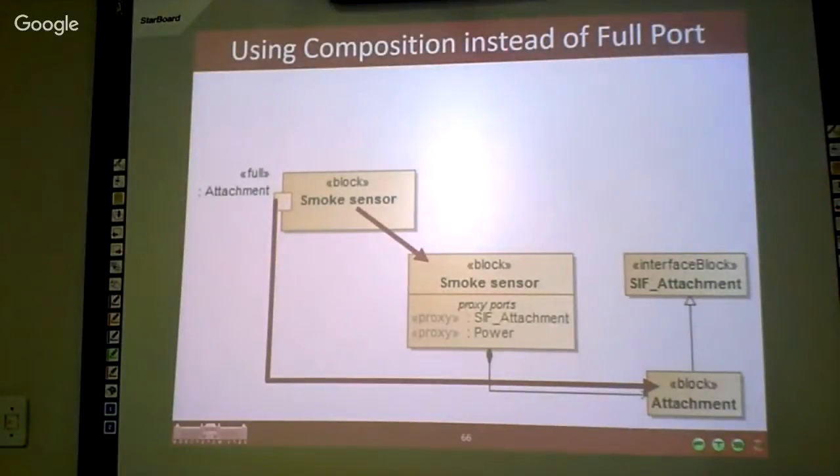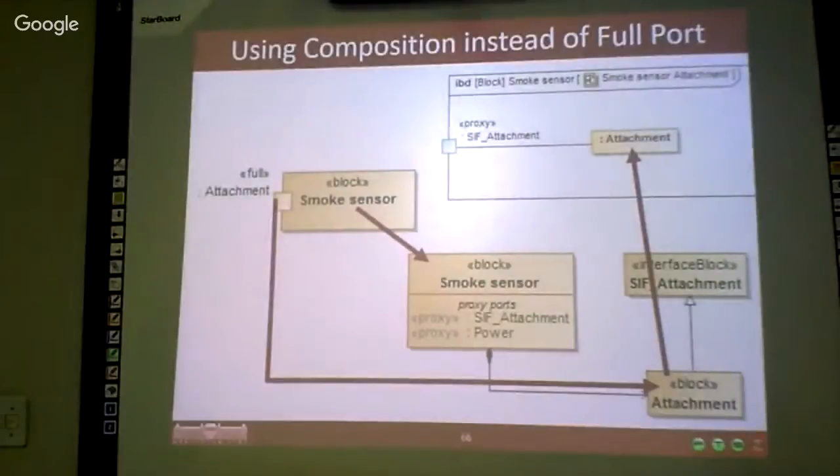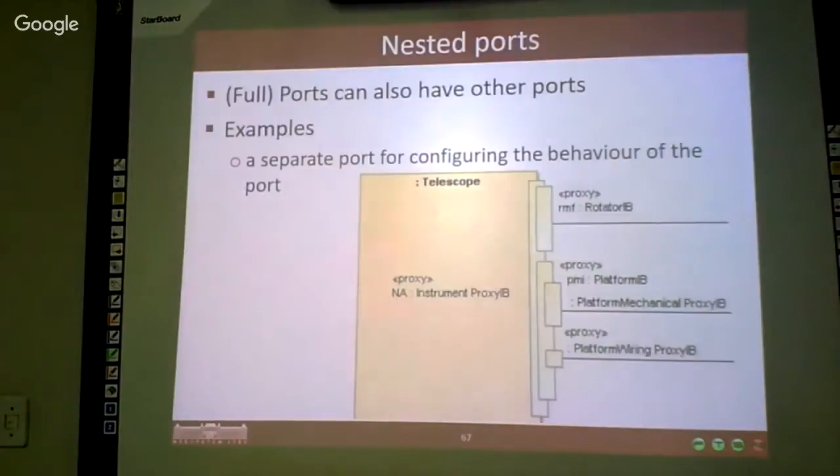For example, here you have a full port of a smoke sensor, but you can just replace it with a proxy port, and then you can implement what you wanted to implement in this full port inside your IBD.